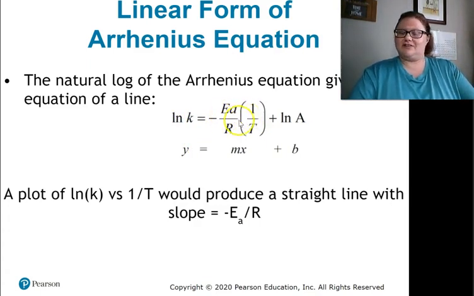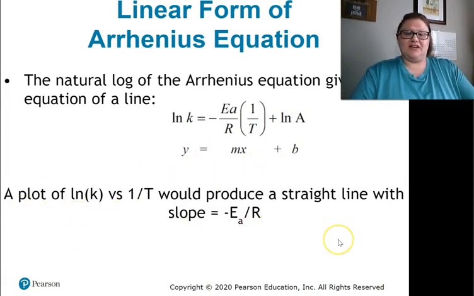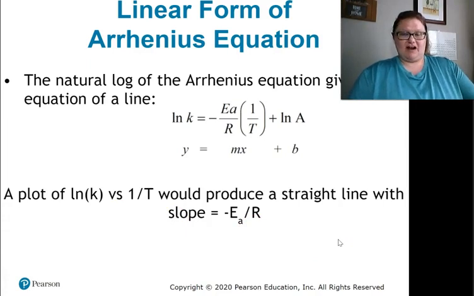Yes, these are ugly looking fractions, but that could be like the slope of a straight line formula. And then we have a plus sign, as we do down here as well. The natural log of A could be our y-intercept of a straight line. And so looking at this format, we can predict what the graph would have to look like in this equation and then what that slope would be equal to.